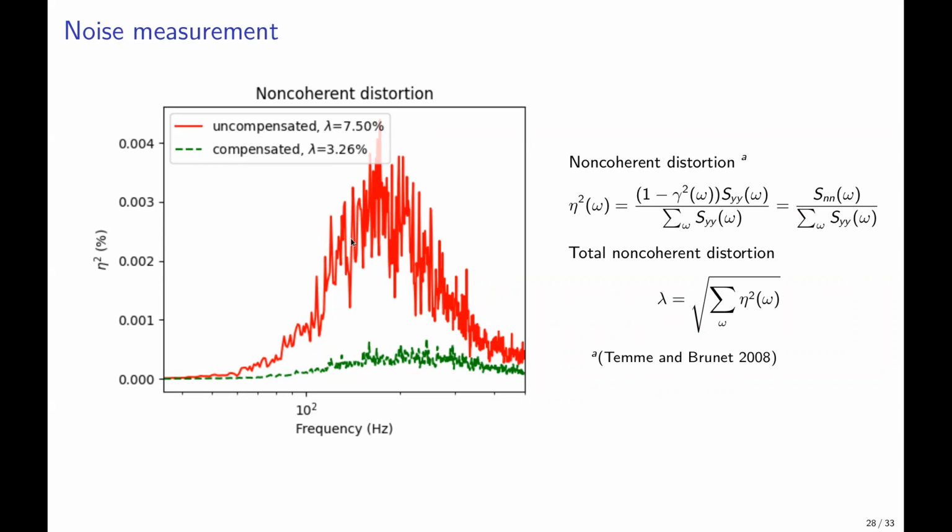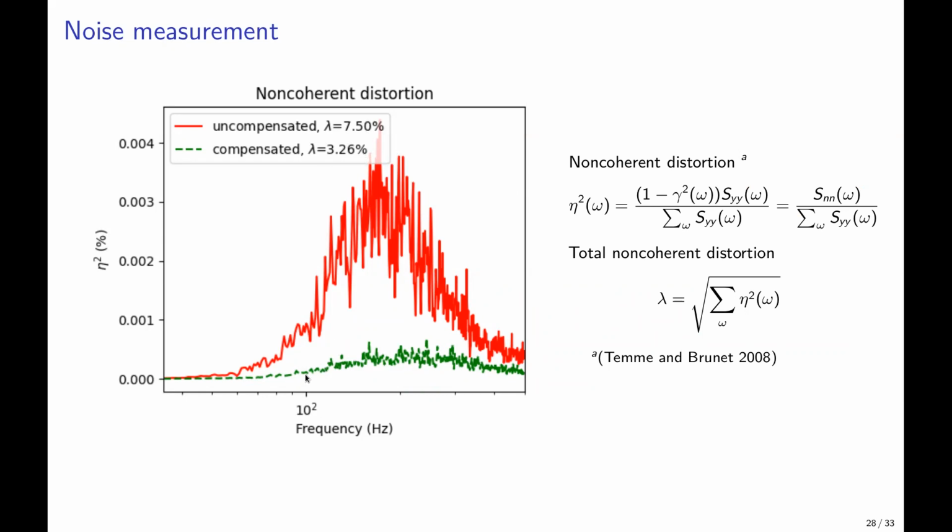And you can also see here that uncompensated, we have quite a lot of non-coherent distortion, but with the compensation that goes down. And then these lambdas are similar to a total harmonic distortion, but wideband, and that's also reduced.